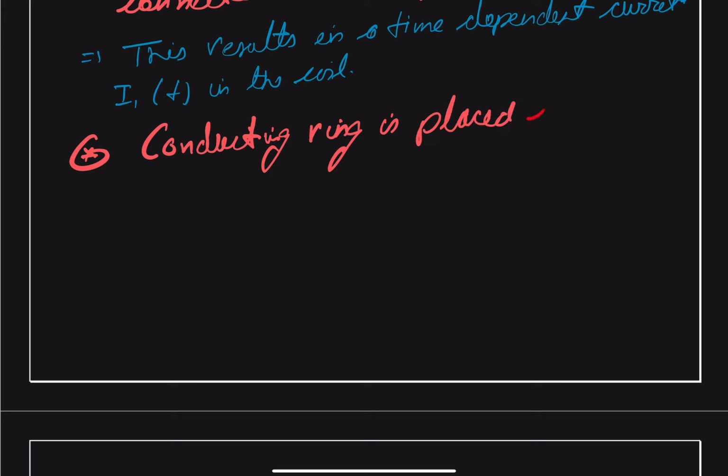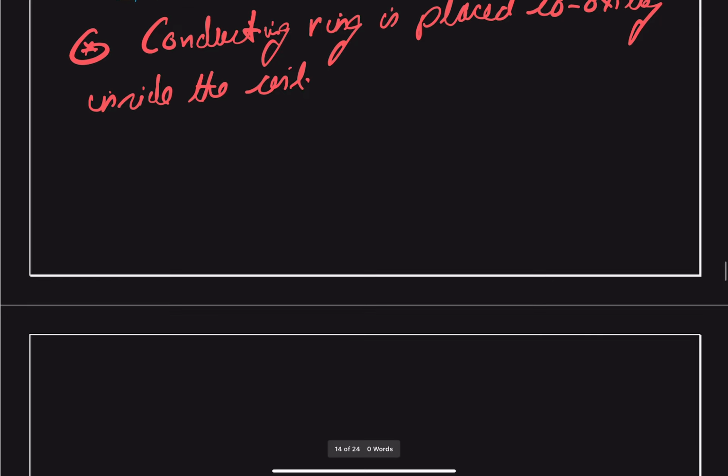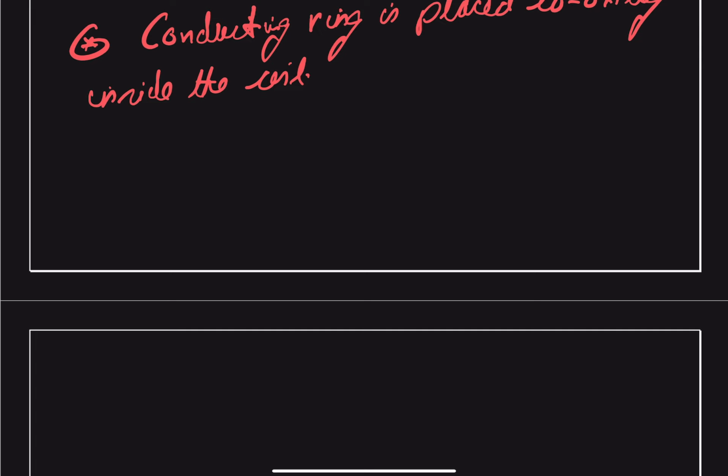And because of the current I1 of t, let us suppose it produces a magnetic field B of t at the axis of the coil.